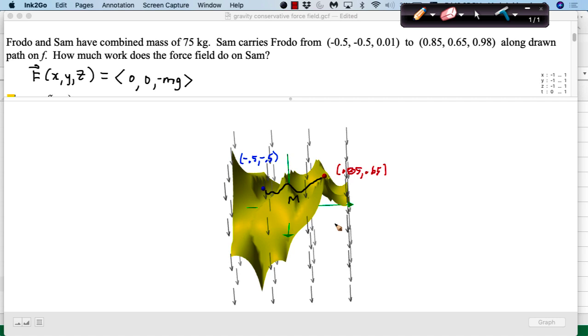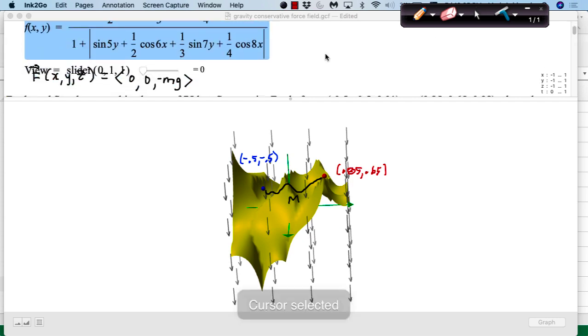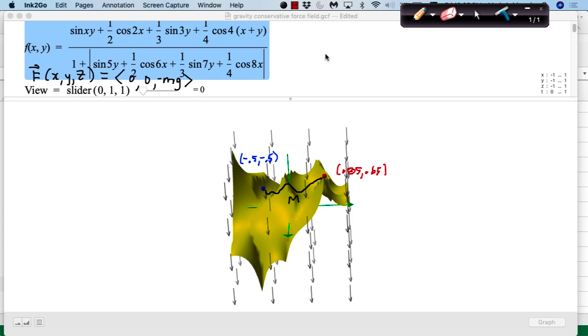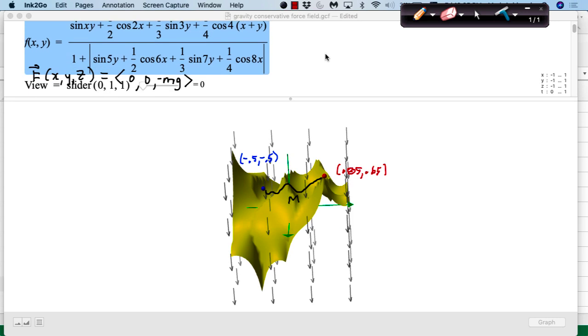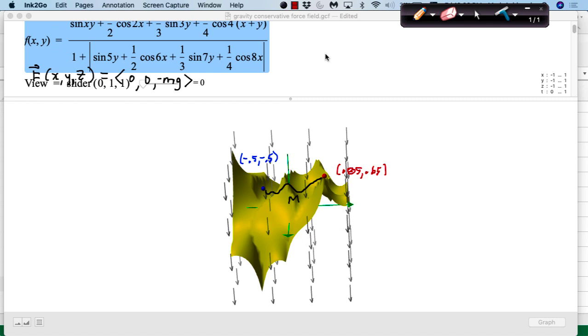Or, in other words, what is the line integral from negative 0.5 along this path M to 0.85 and 0.65? And then, did you write the function down? There's the function. So we need to find the work along that path from negative 0.55 to 0.85, 0.65.